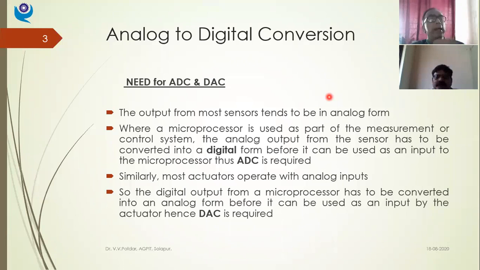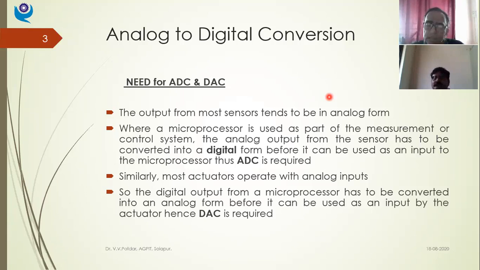This error signal will be amplified suitably so that the amplified signal will be able to drive my DC motor to my desired position, right?